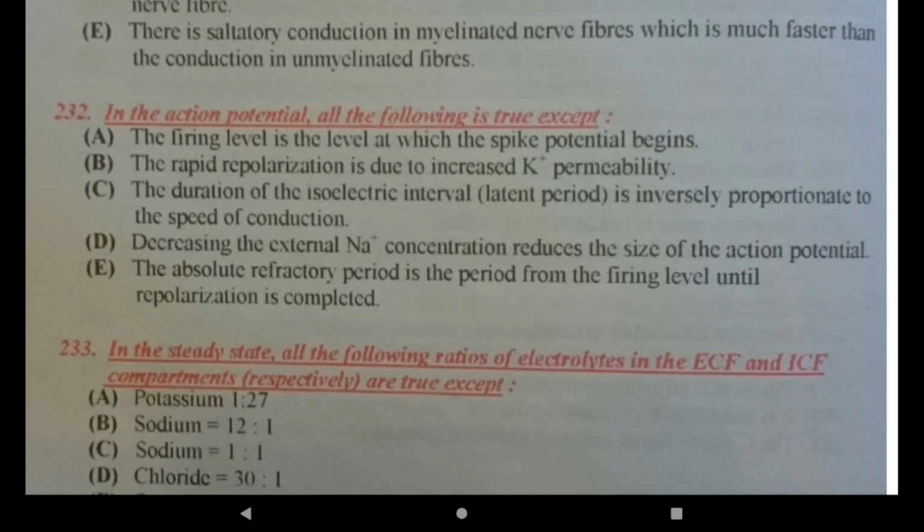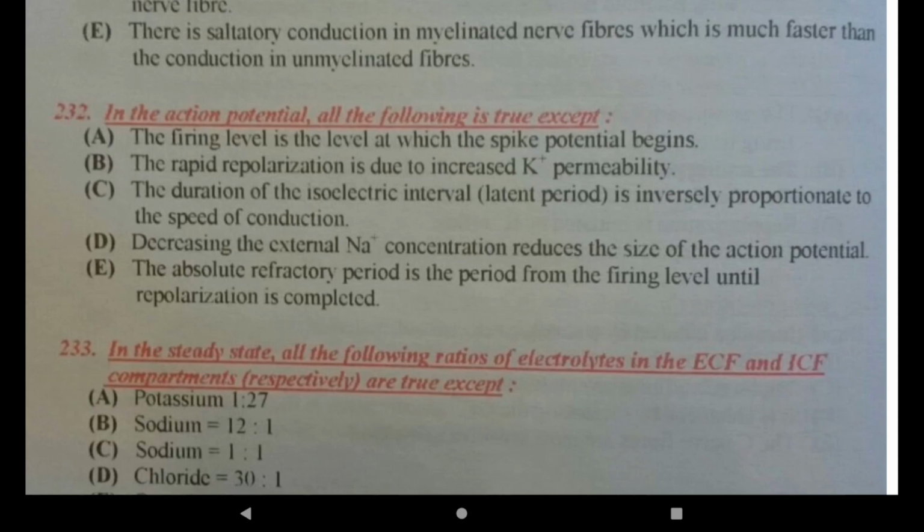But according to E, they are saying it is from the firing level, where a graded potential is higher than the threshold, then firing an action potential. That point is not the absolute refractory period. The absolute refractory period begins from the peak action potential up to the x-intercept.